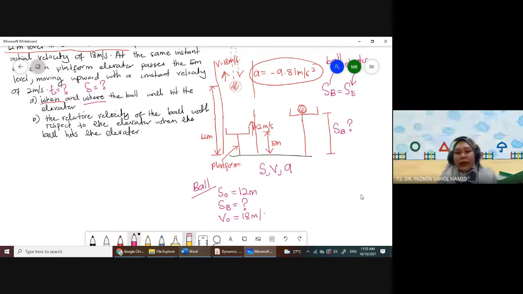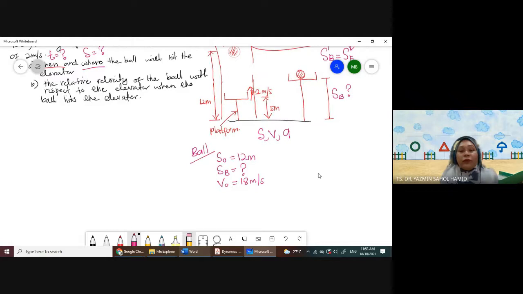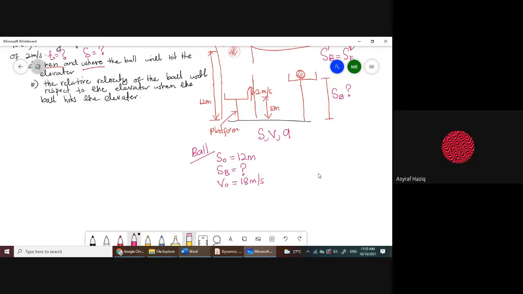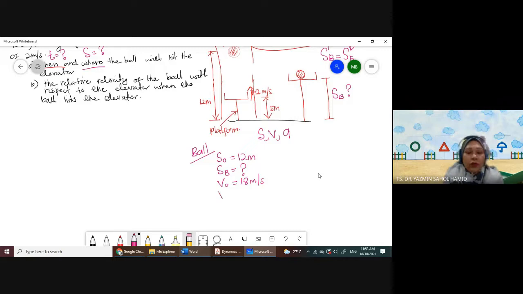Now, what is the SB of the ball, the final position of the ball? Do you know that? No. So you do not know, and it didn't ask, but it's okay.